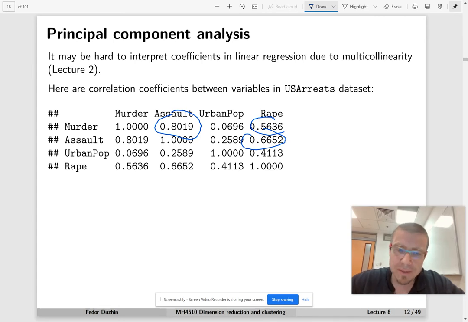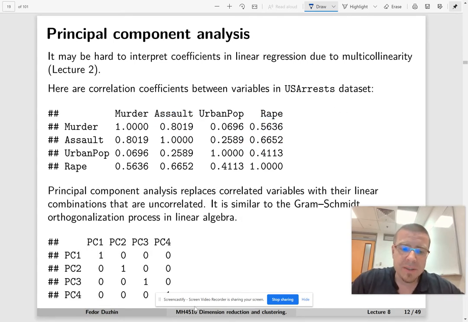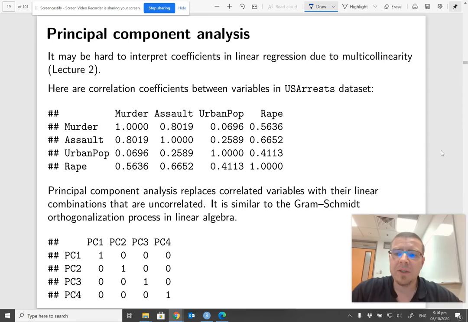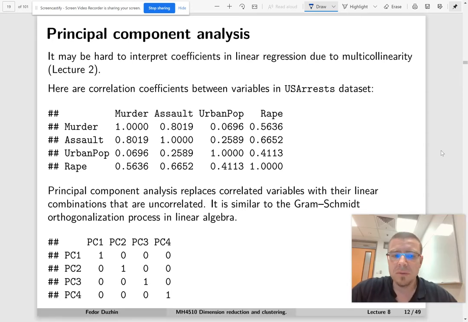In principal component analysis, basically we replace the original variables with their linear combinations in a way so that the new variables are uncorrelated. So it is very similar to the orthogonalization process in linear algebra. If you remember, when we have a non-orthogonal basis, the first vector is going to be the same.